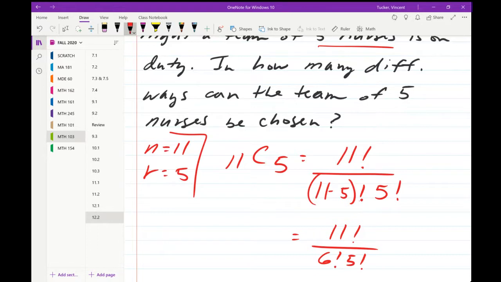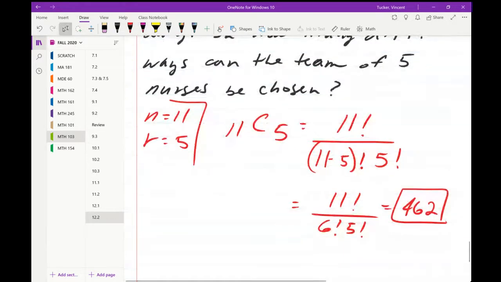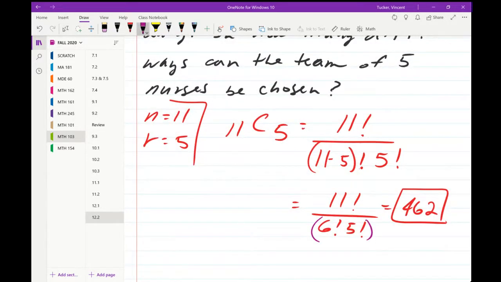So 11 factorial divided by 6 factorial times 5 factorial. You put that in the calculator, you should get 462. Depending on the type of calculator you have, you may need to put parentheses around that.